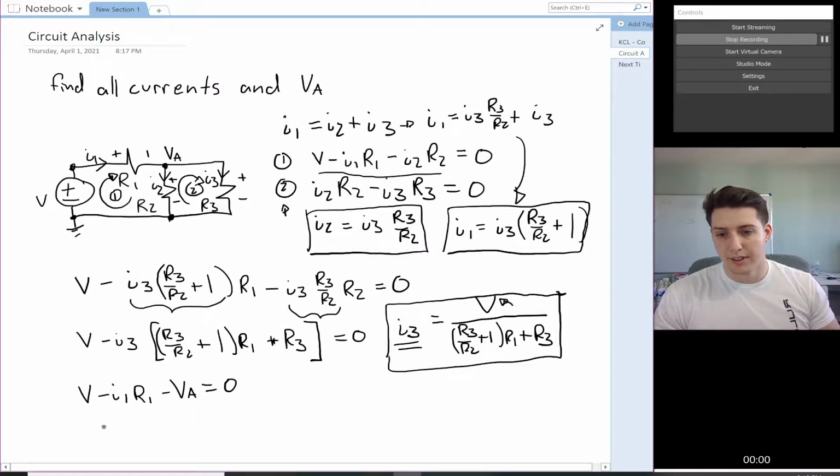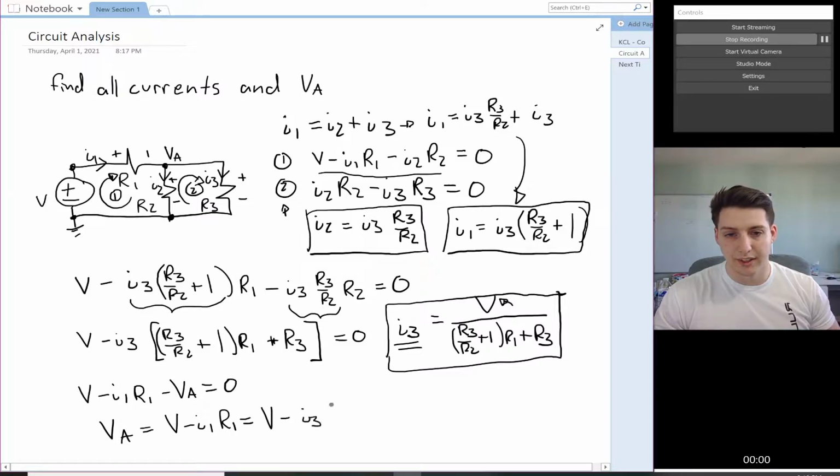So we can say that VA equals V minus I1 R1, which equals V minus I3 times (R3 over R2 plus 1) times R1.